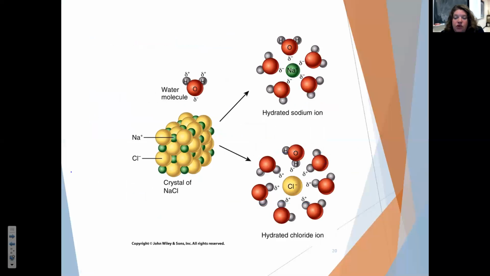So here's our water molecule, and remember, a little side of it is partly negative and a little side of it is partly positive. And so when we put some sort of ionic compound in there, we can get what's called a hydration sphere, which is just what happens when we mix an ionic compound with water.